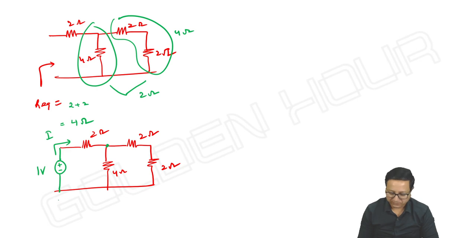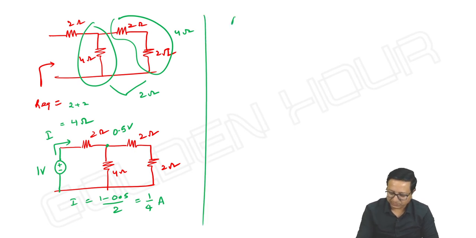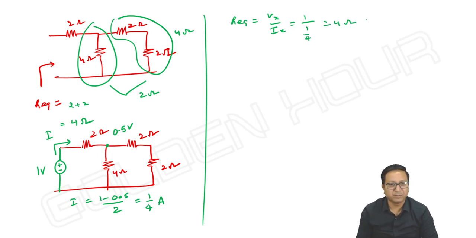It is no doubt 0.5 volts. Then what is I? I is equal to 1 minus 0.5 by 2 ohms, so it is 1 by 4 amperes. Then R equivalent is equal to Vx by Ix. Vx is 1, the reciprocal of the current I. Anyway, it is 4 ohms. It's as simple as that.